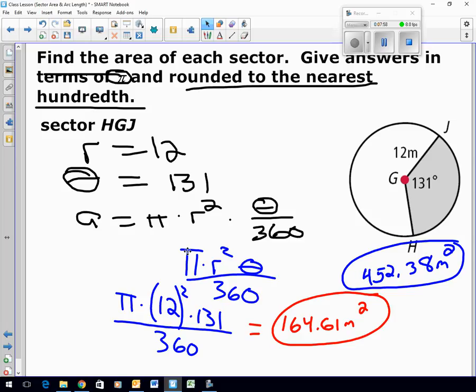If I want the area of the entire circle, how many degrees is that? 360. If I put 360 here, that'd be 360 over 360, which is 1 whole. So I'm multiplying that times 1, correct?